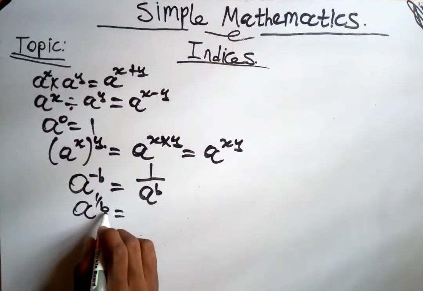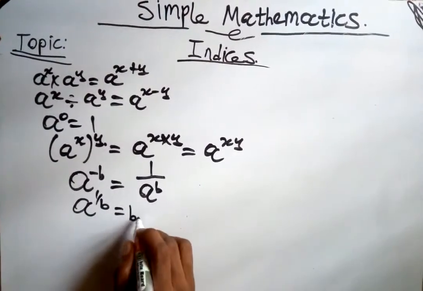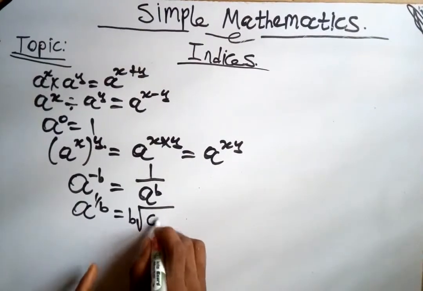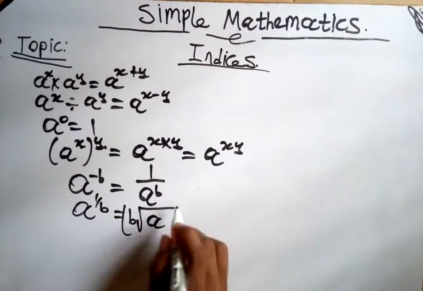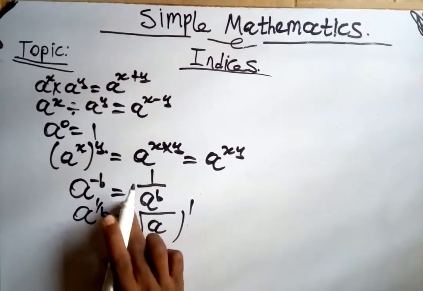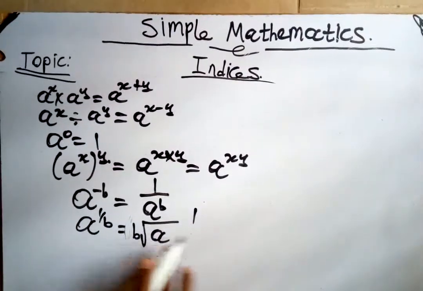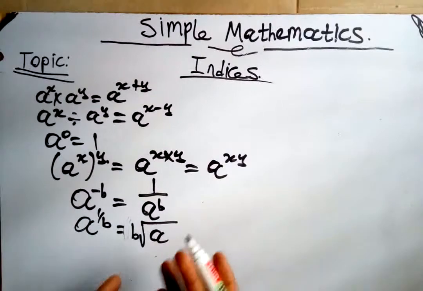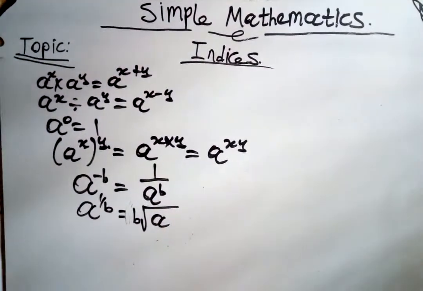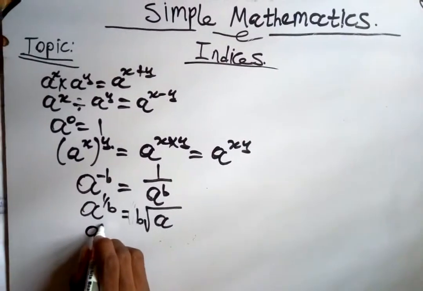The denominator of the fraction would be the root, and the variable will be inside, the whole bracket raised to the power of 1, because that's the numerator. Since it's not needed at all, you can just leave it, because you all know it's raised to the power of 1.